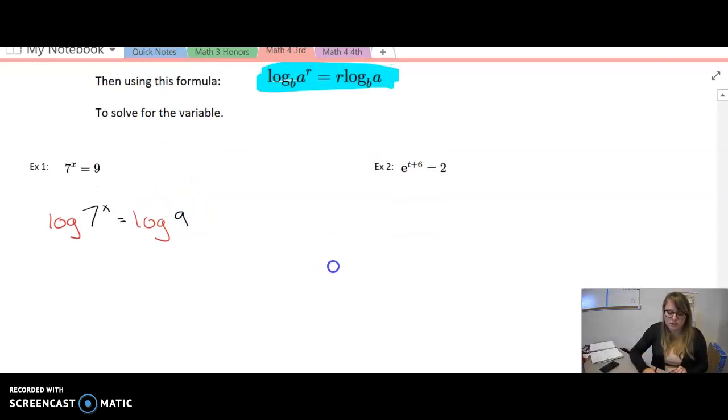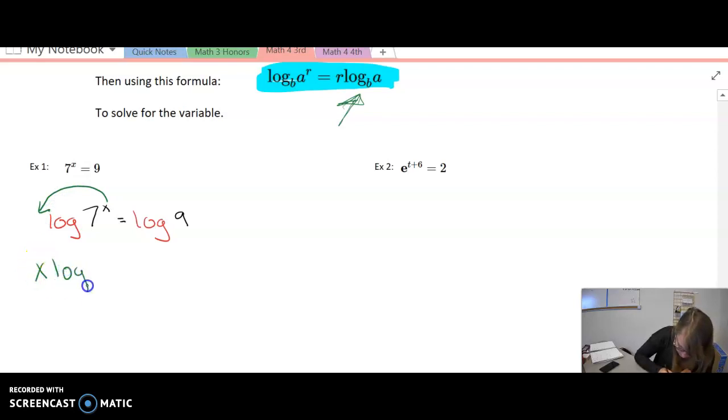And then this is where our formula comes into play. We take our exponent and move it to the front of the log. So we move our x to the front. So now we have x log of 7 equals the log of 9.